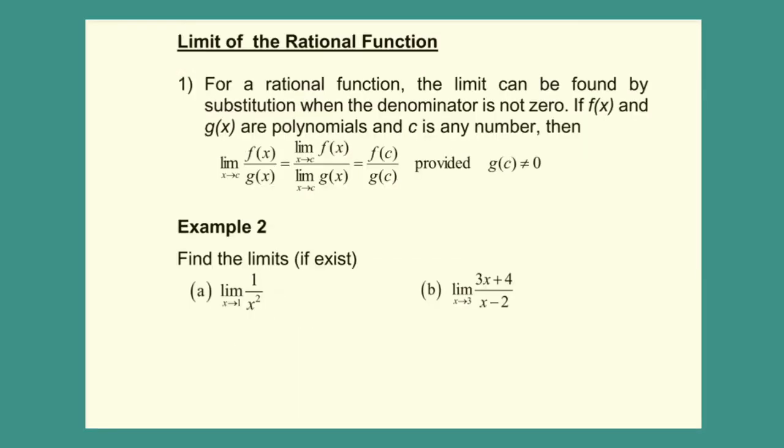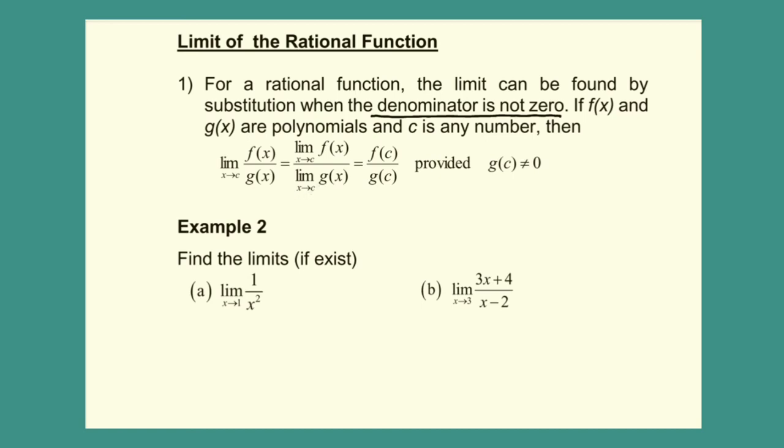Now we look at the limit of the rational function. For a rational function, the limit can be found by using the substitution method, provided that the denominator is not 0. If f(x) and g(x) are polynomials and c is any number, then limit of f(x) over g(x) as x approaches c is equal to limit of f(x) as x approaches c over limit of g(x) as x approaches c.